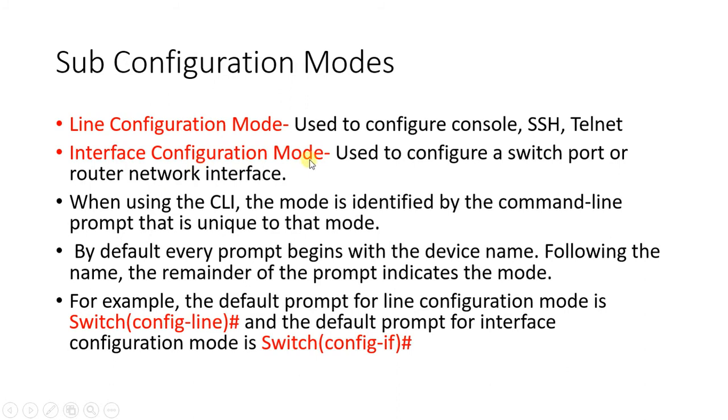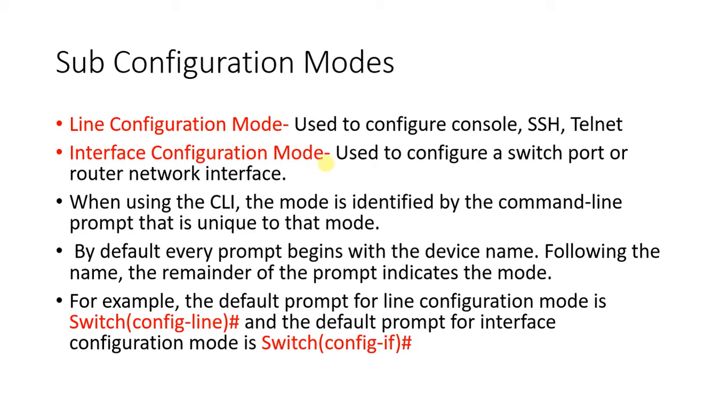Another mode is interface configuration mode. Interface configuration mode is generally used for a switch port or a router network interface. You have different interfaces on your device, and setting IP addresses on those interfaces and any other function on an interface can be done using interface configuration mode.